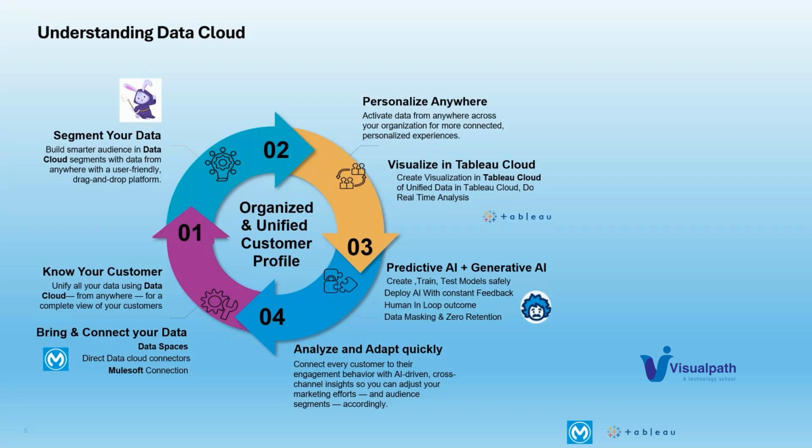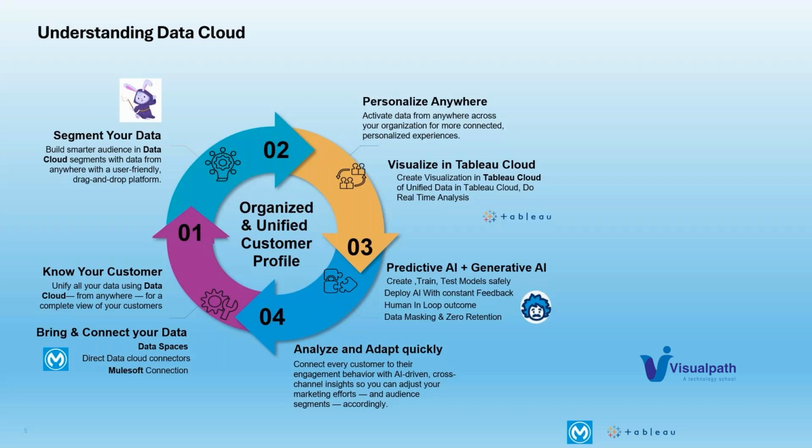That is one use case, but you have a number of use cases using Data Cloud. The other use case is that once you get all the unification and unified profiles, on top of unified profiles you can leverage your predictive AI or generative AI models also, through which you can analyze customer behavior and adapt accordingly.